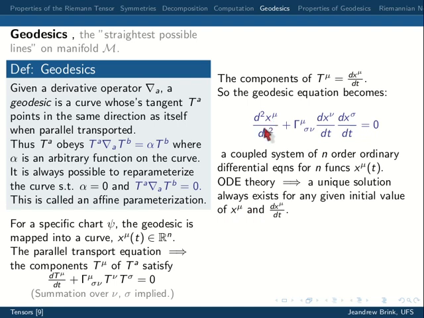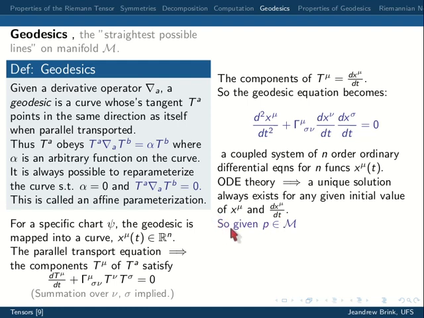And here, it's once again your initial conditions. You have to specify your initial point or your initial coordinates x^μ, so n of them. And because it's a second order equation, you have to specify the vector in which they're changing. So you have to specify dx^μ/dt when you start.